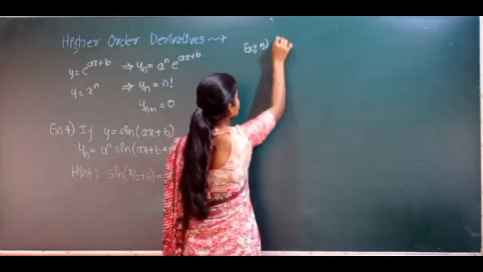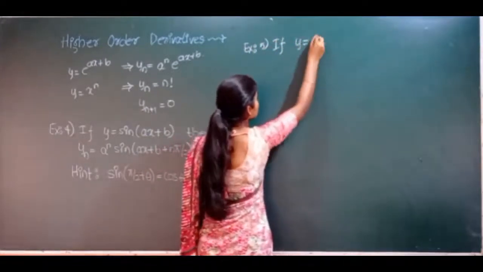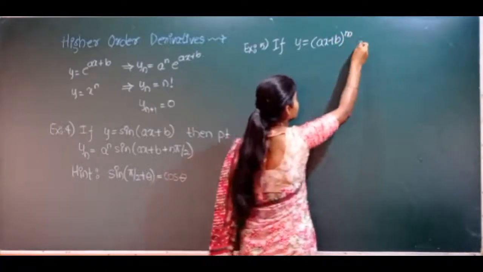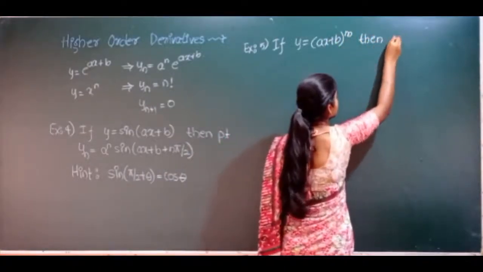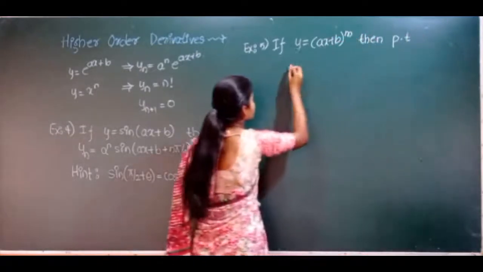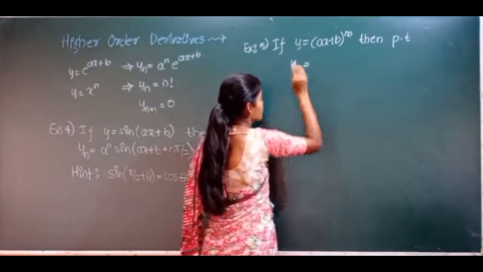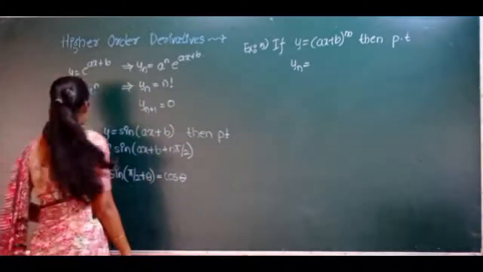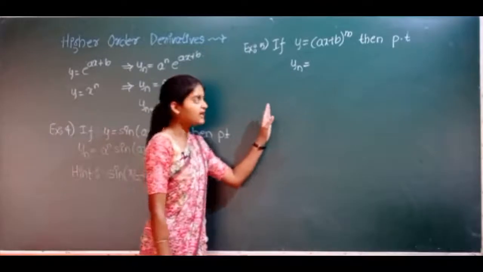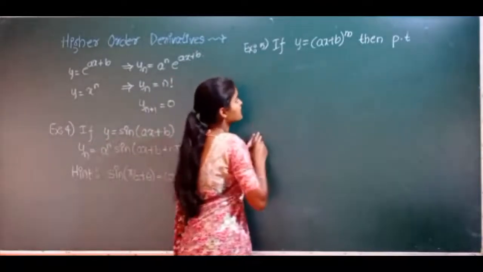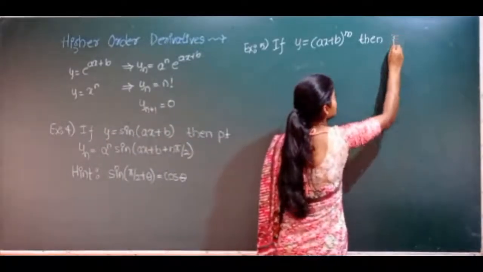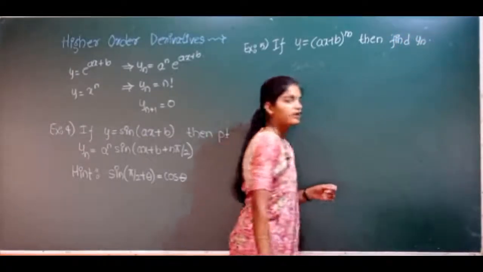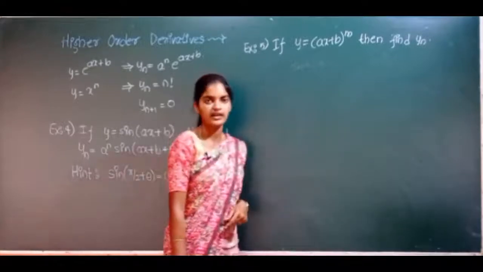If y is equal to ax plus b raised to m, then find yn. Just don't write this initially, let us get yn first.